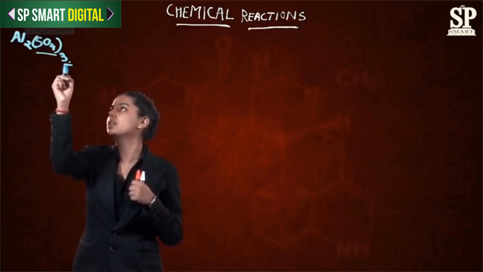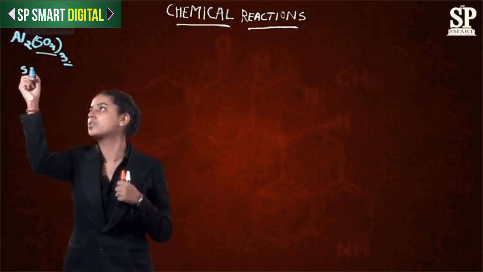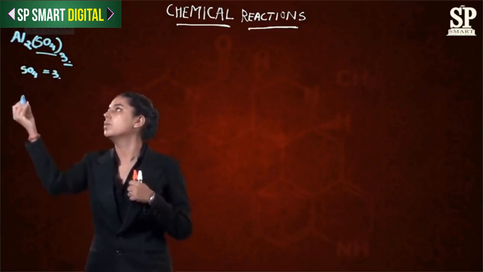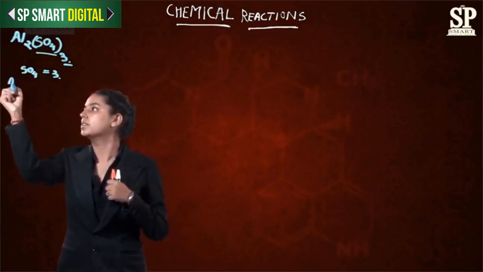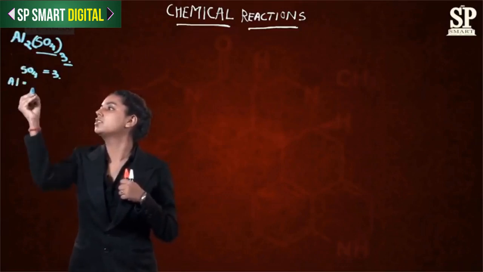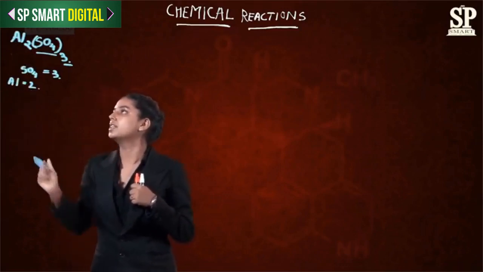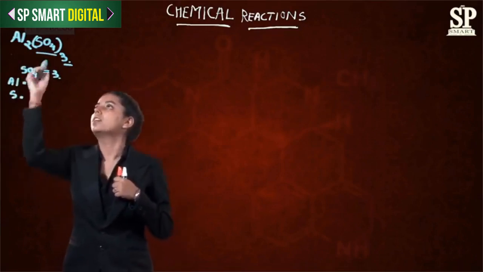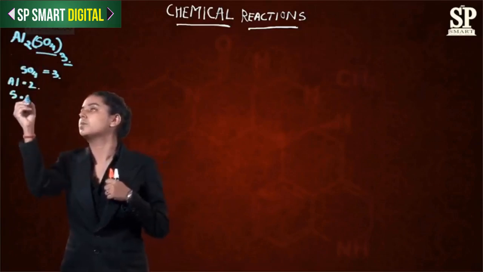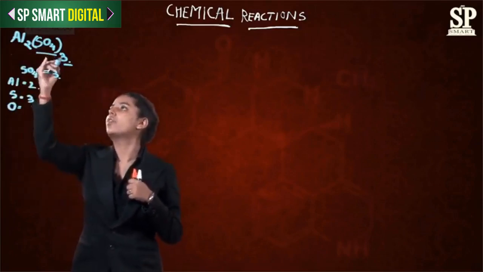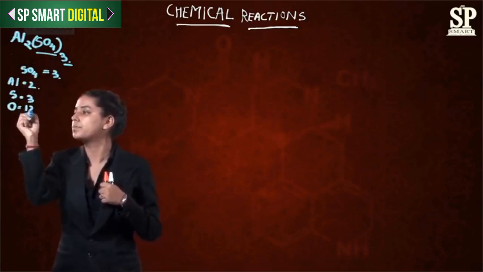Here the subscript indicates that there are 3 units of SO4 present. So for aluminium, the subscript 2 indicates there are 2 atoms of aluminium present. For sulfur, there are 3 sulfur atoms. And for oxygen, it is 4 into 3, 12.